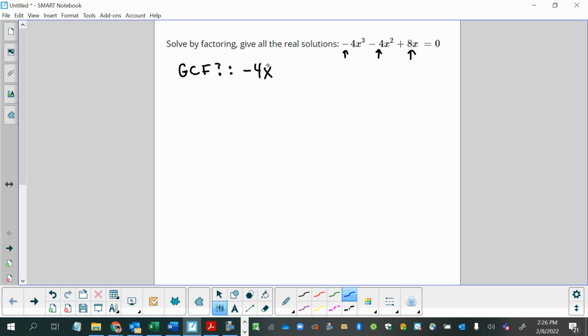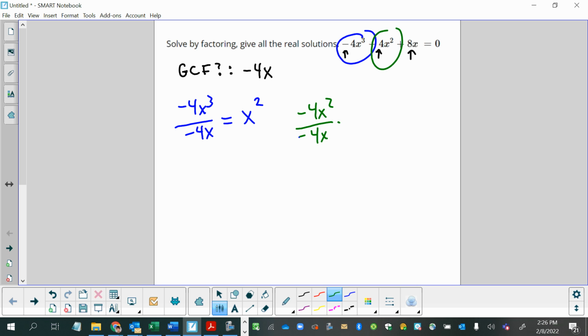Now let's take this GCF and divide each of these terms by the GCF to see what we have left over. So that gives me x squared. Then this term, negative 4x squared divided by negative 4x leaves just x. And then this term, positive 8x, when divided by negative 4x, leaves just negative 2.